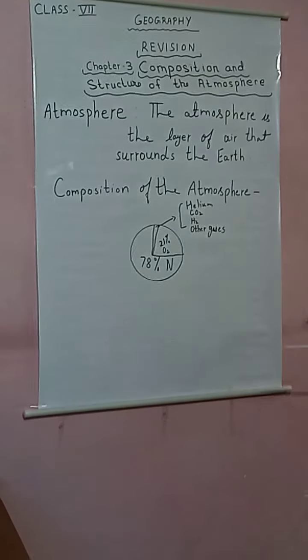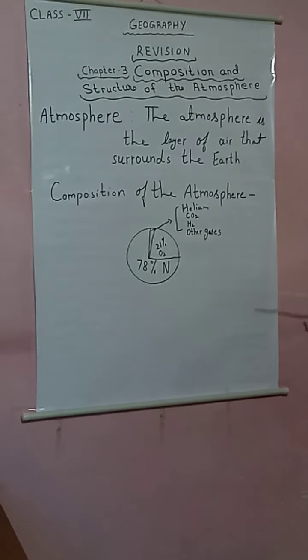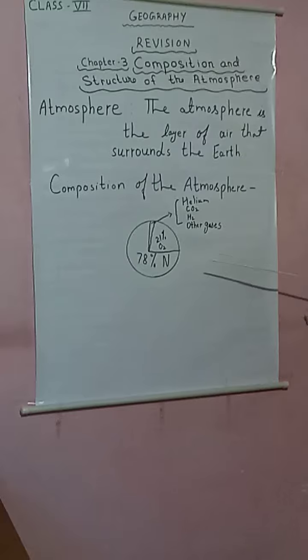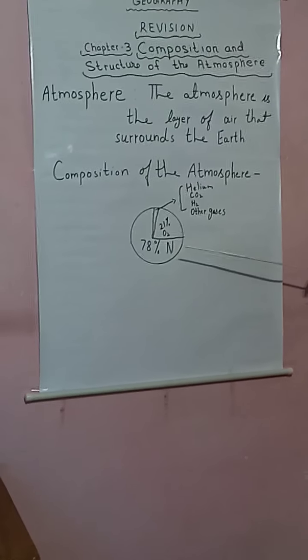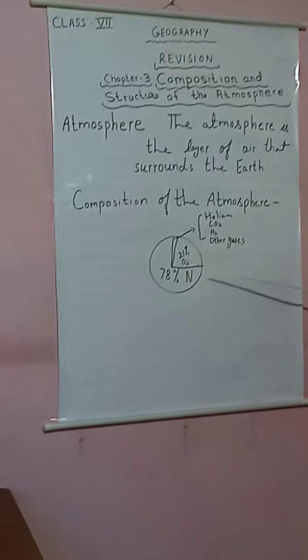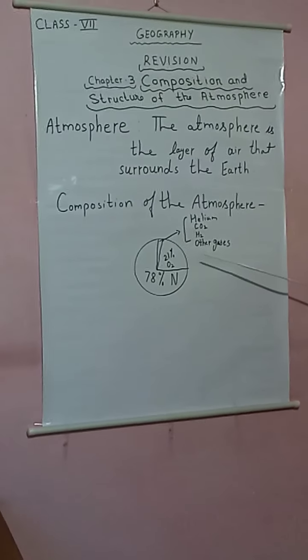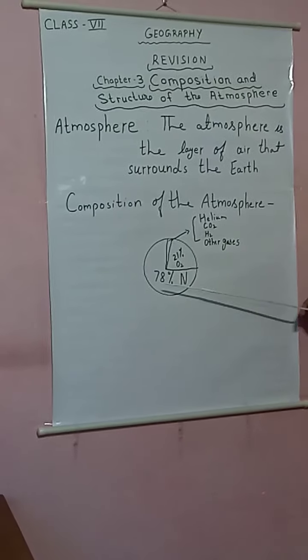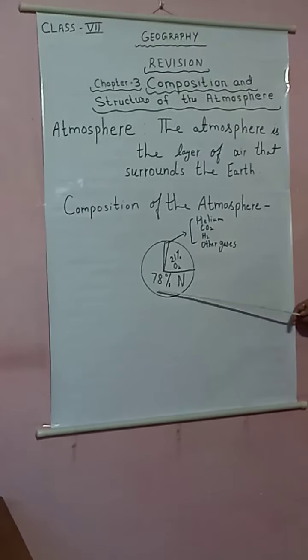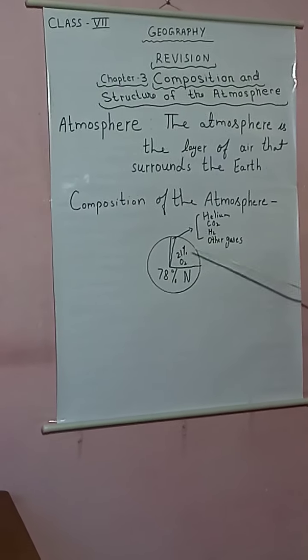The atmosphere is a colorless and odorless layer of gases that surrounds the earth. Nearly 99% of the atmosphere consists of nitrogen and oxygen. Nitrogen is 78% and oxygen is 21%.